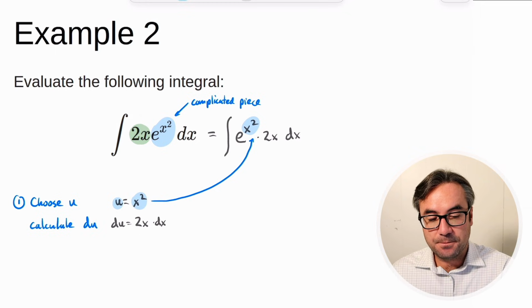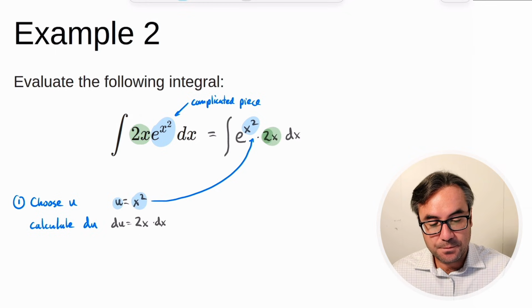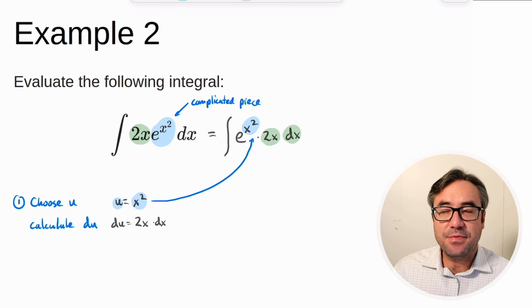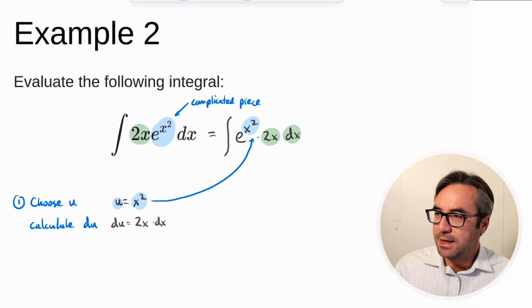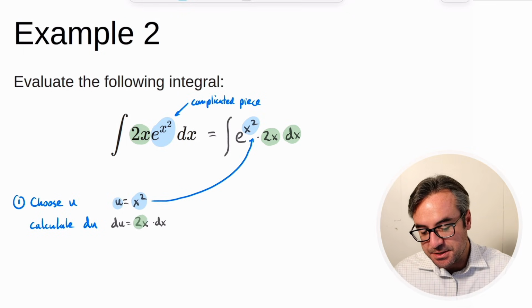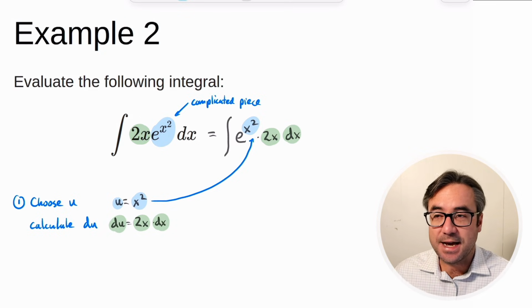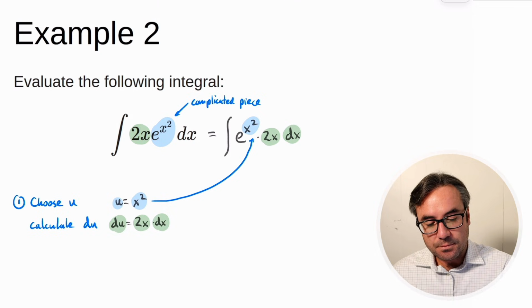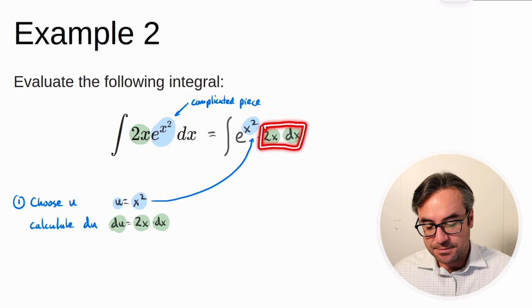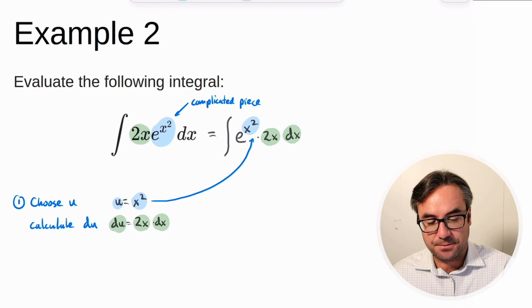And then we also see we've got the 2x dx at the end there. And we got lucky. Just so happens in the differential we calculated, we've got 2x dx. So that 2x dx is going to become our new differential.